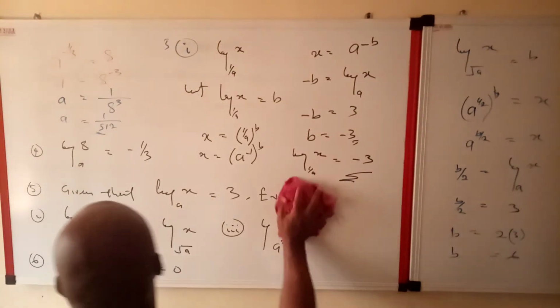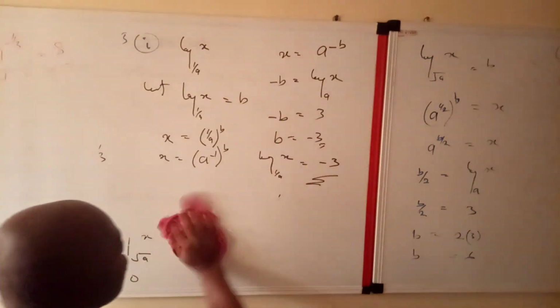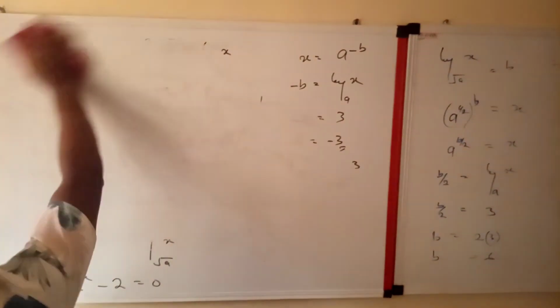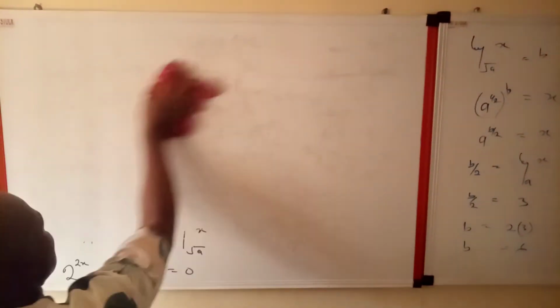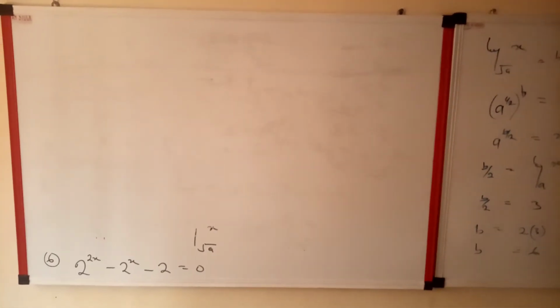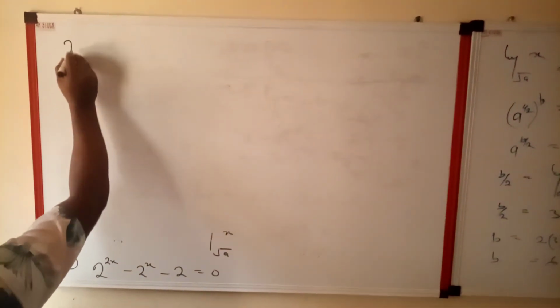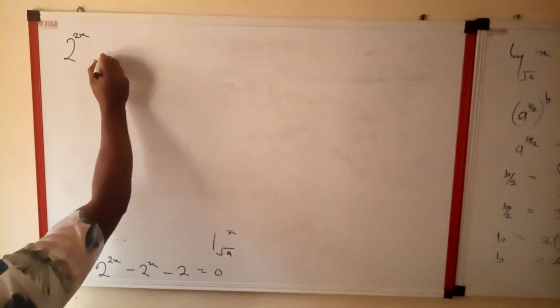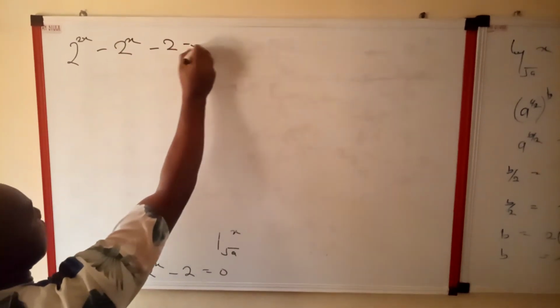But this quadratic equation is only those that have spiritual eyes that will be able to know that we boil down to a quadratic equation. Now let's consider this: 2 raised to 2x minus 2 raised to x minus 2 equal to 0.